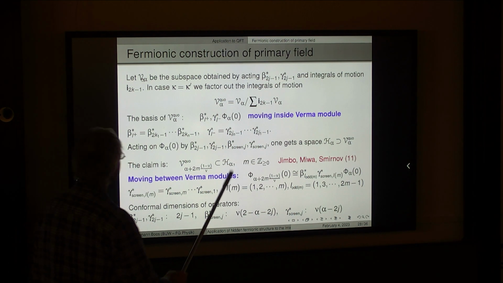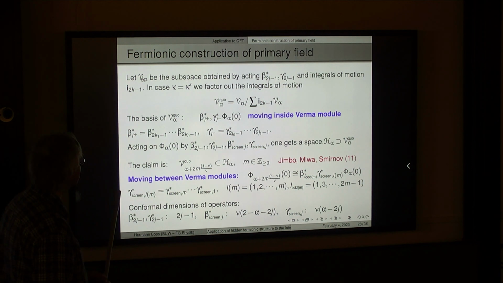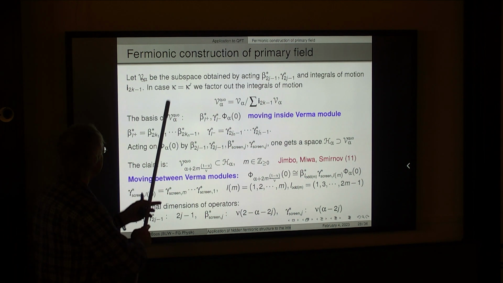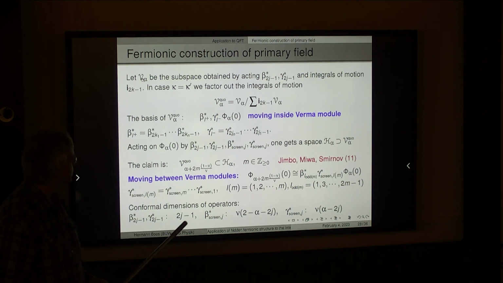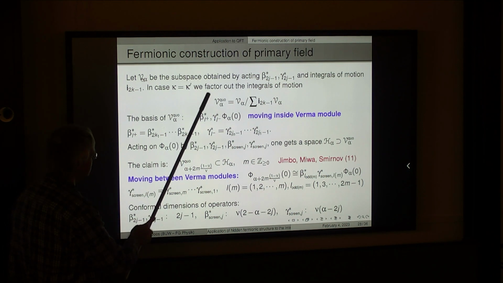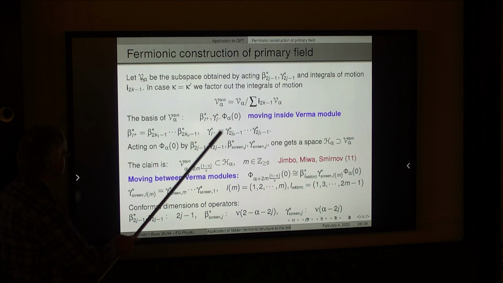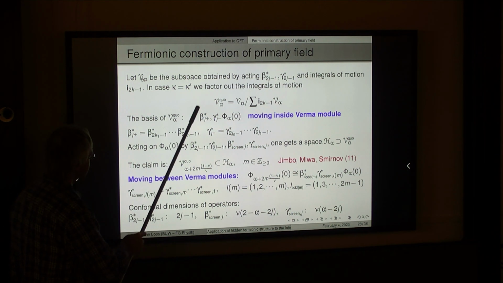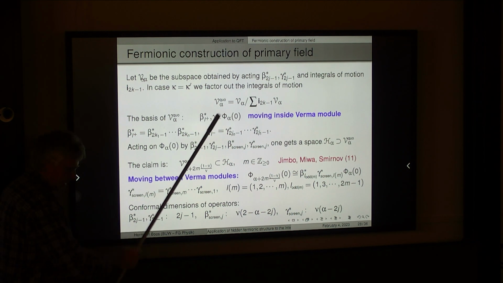So first of all, how do we construct a primary field? As I said, in case kappa equal to kappa prime, we actually factor out the integrals of motion. So we get a quotient space with the basis where we act by this B star, gamma star, product of these operators on the primary field.